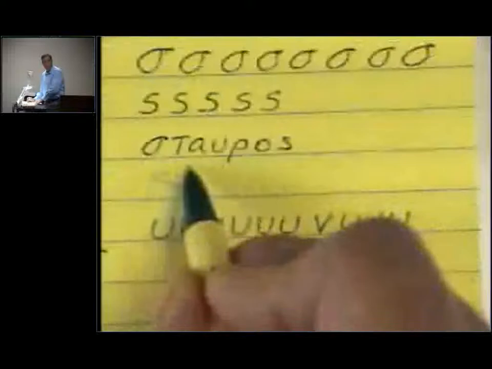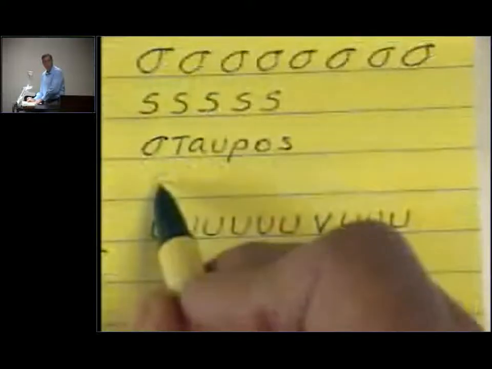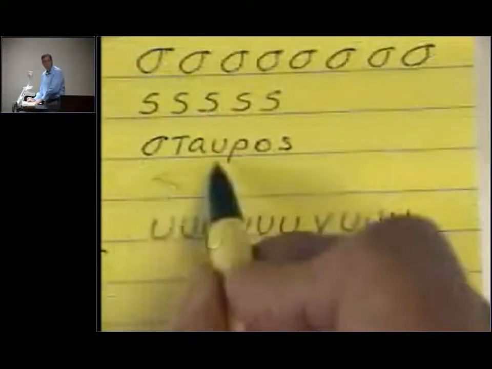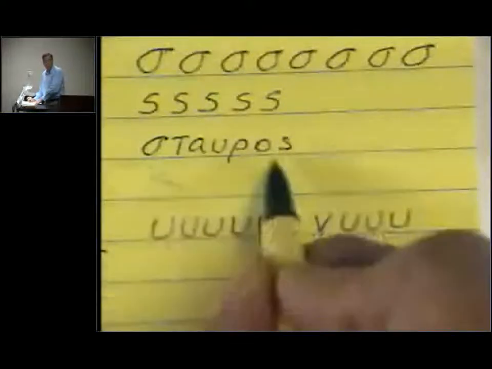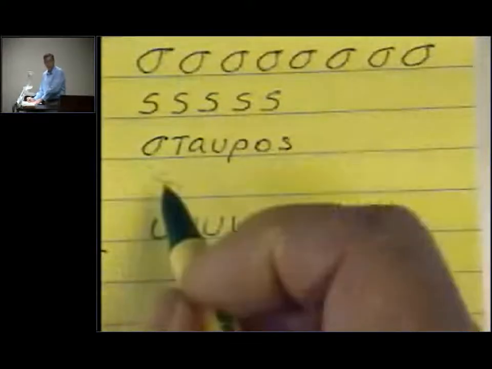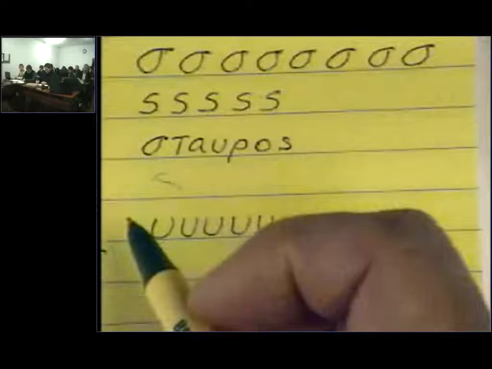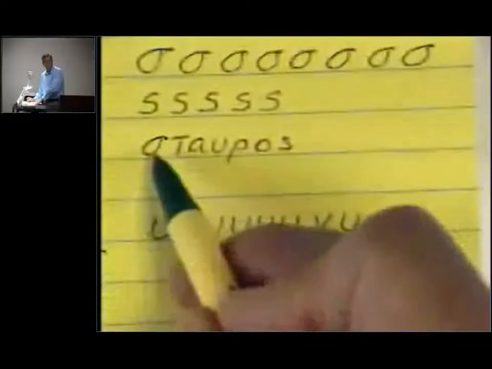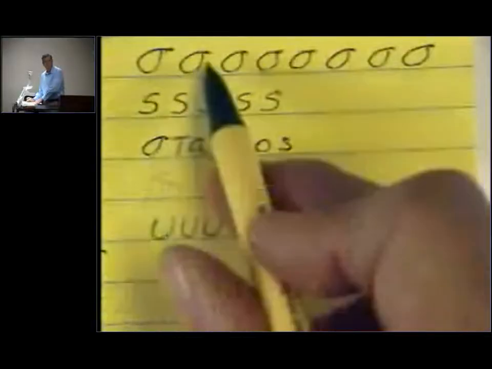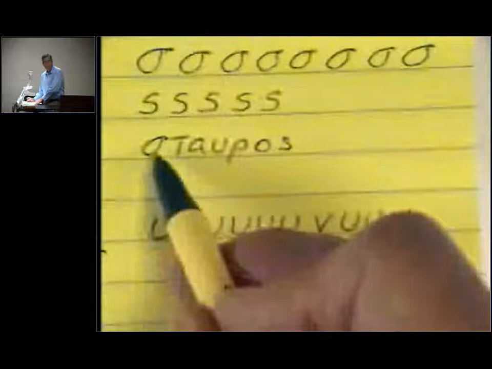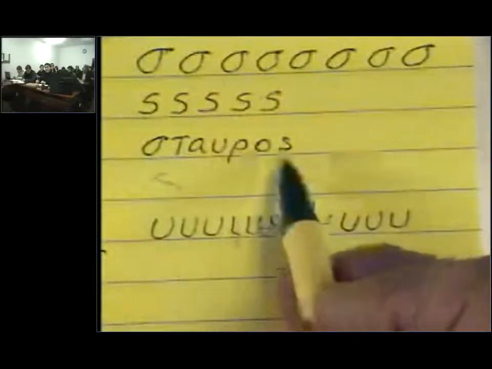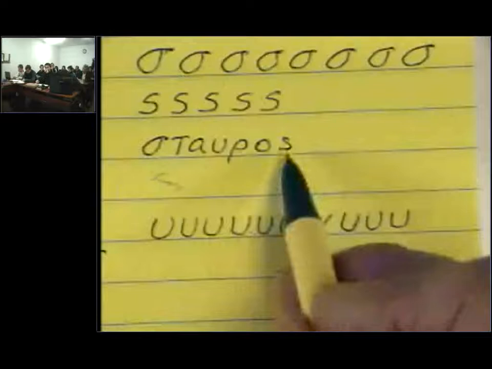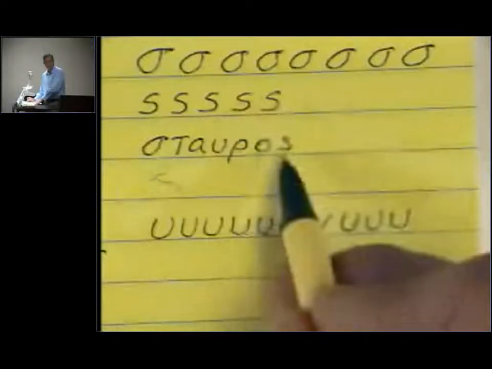Stauros. Stauros, say it. Stauros means cross. But now notice that this is a sigma because it's at the beginning of the word, like this one up here. But this is the sigma at the end of the word.